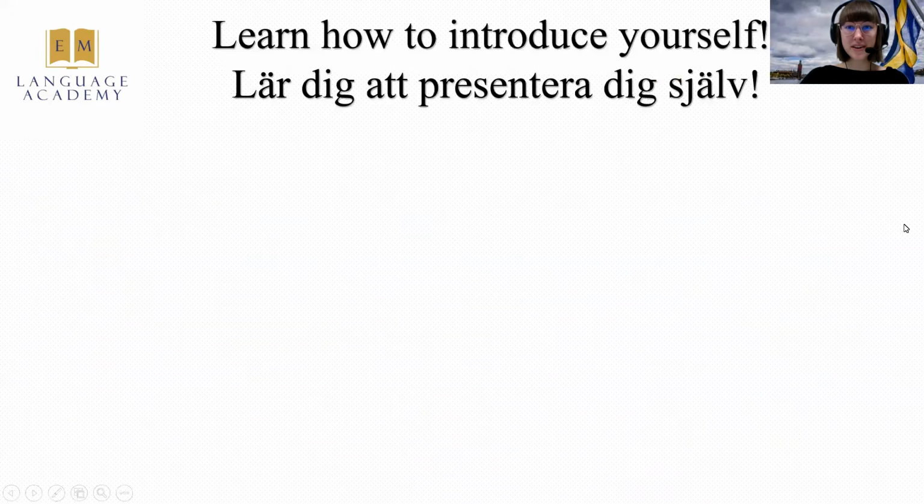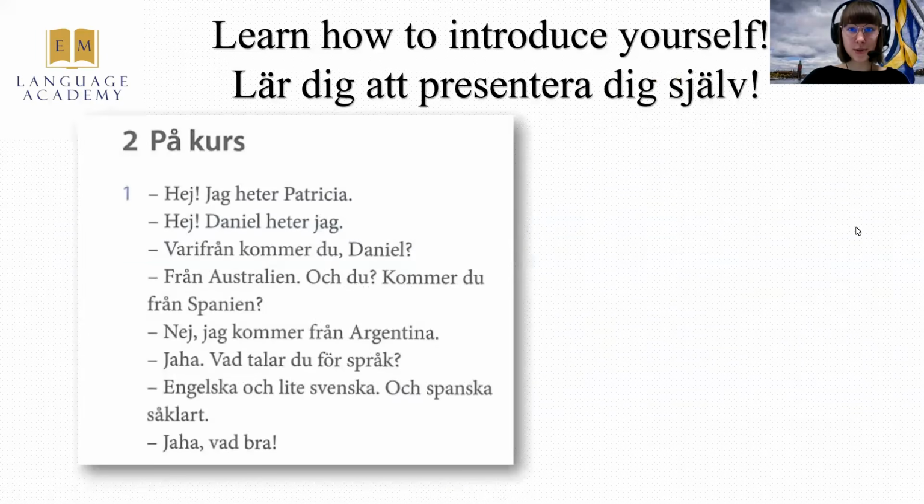We are going to begin with very easy yet essential information, that is introduction. Learn how to introduce yourself, or lär dig att presentera dig själv. Now here on your left, you are going to see a really short dialogue between 2 young people, between Patricia and Daniel. The dialogue takes place at language courses, or på kurs.